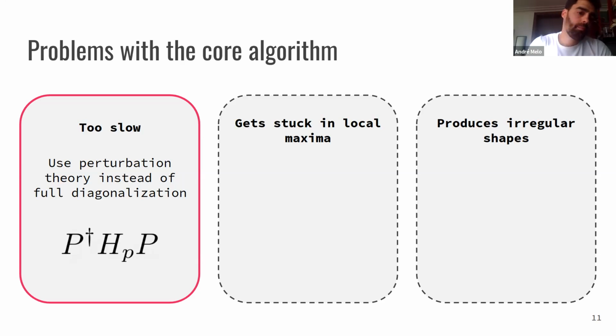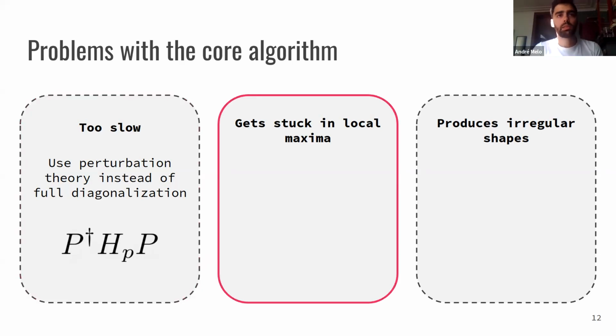So that's nice. The second problem was that because it's a greedy strategy, we get stuck in local maxima, meaning that as soon as the algorithm finds a local maximum in geometry space, it's unable to escape it because you're always picking the optimal choice, right? So you always go back to the maximum.